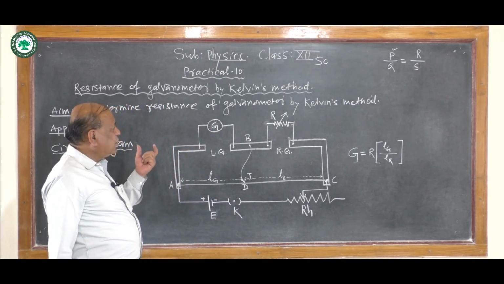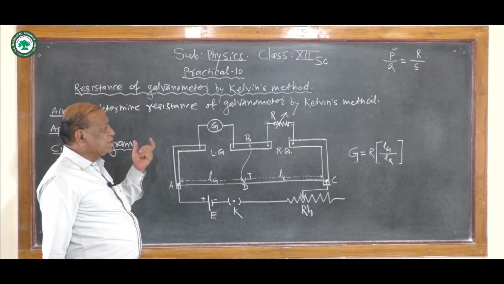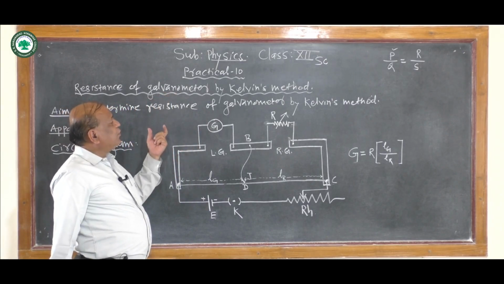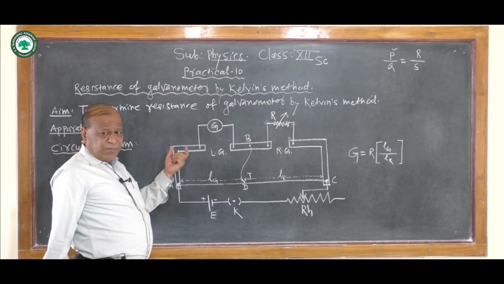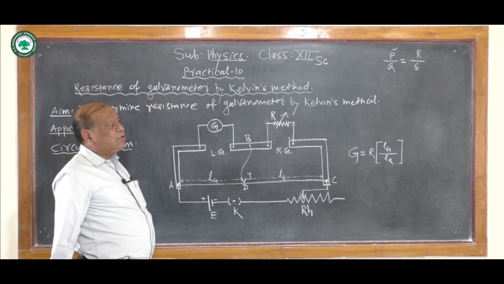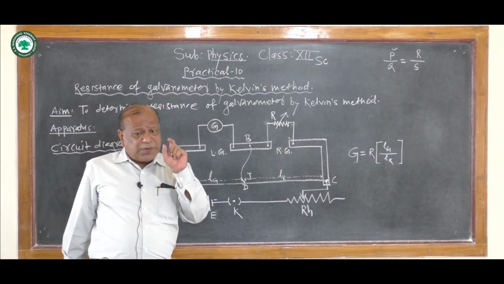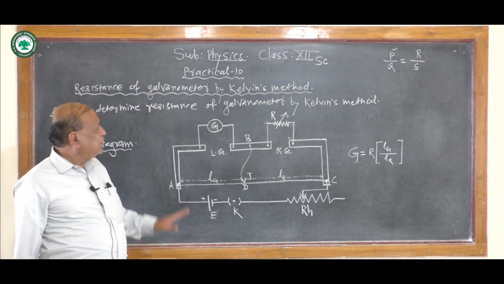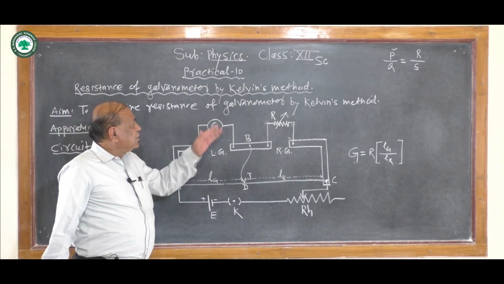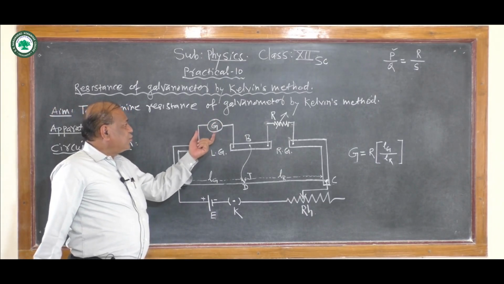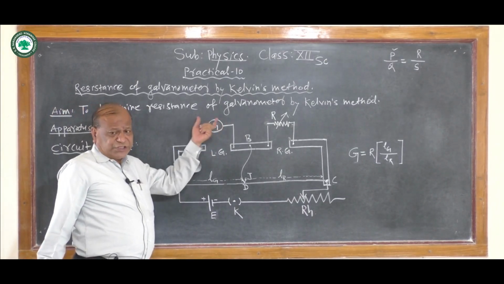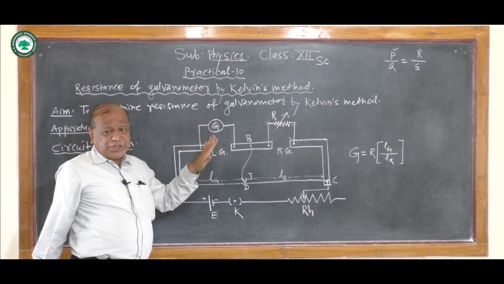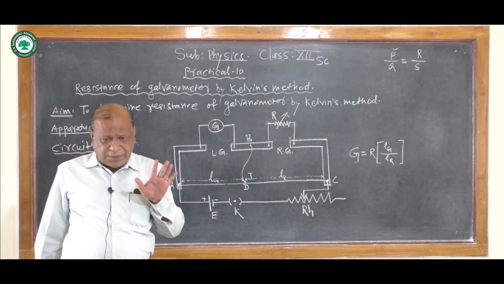Now what is the difference between that previous practical and this practical? There, a zero deflection is observed for the series and parallel combination. In this Kelvin's method, G is the fourth resistor here, therefore the galvanometer does not show zero deflection.